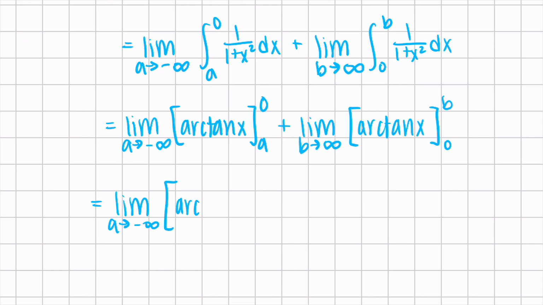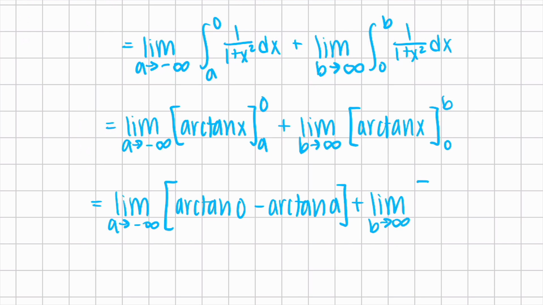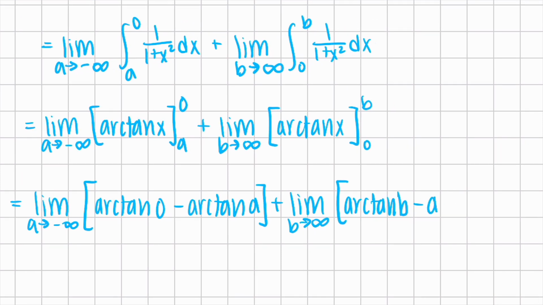I have arctangent of 0 minus arctangent of a plus my limit as b goes to infinity of arctangent of b minus arctangent of 0.